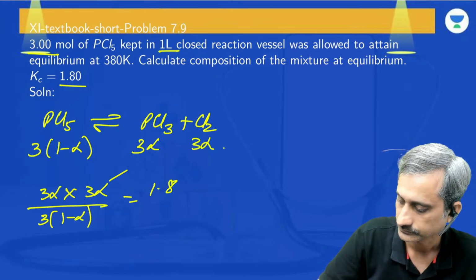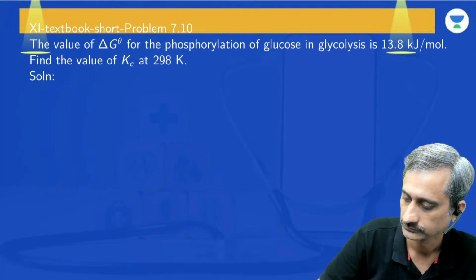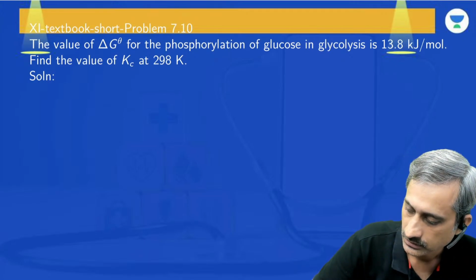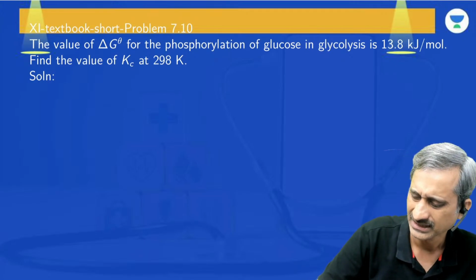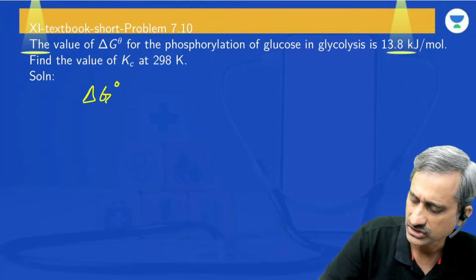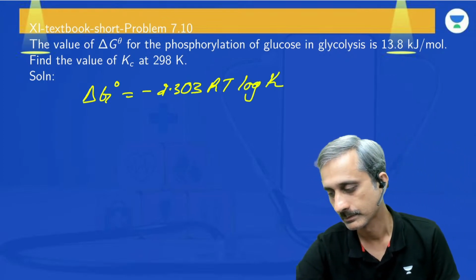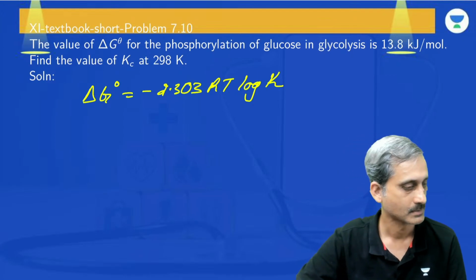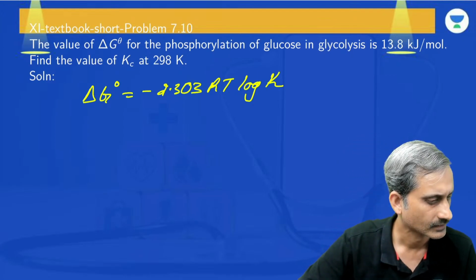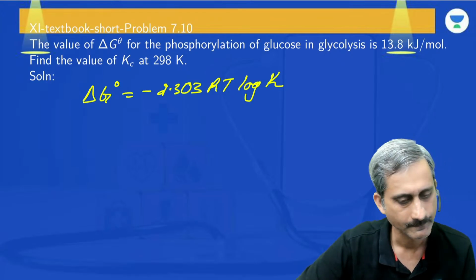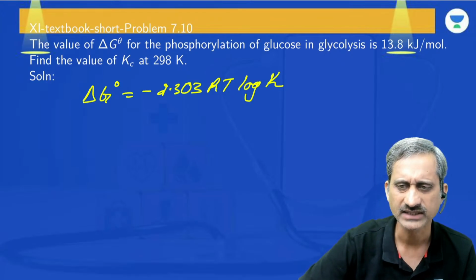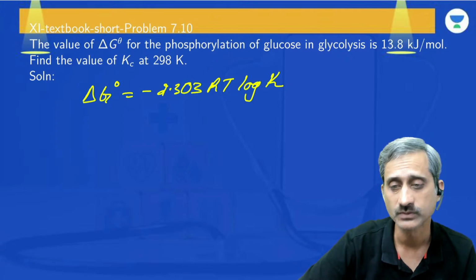Okay? I think we all know delta G naught is equal to minus 2.303 RT log K. Yes, Ananya, you have to do it in moles. And here moles and molarity will turn out to be the same because volume is 1 liter.